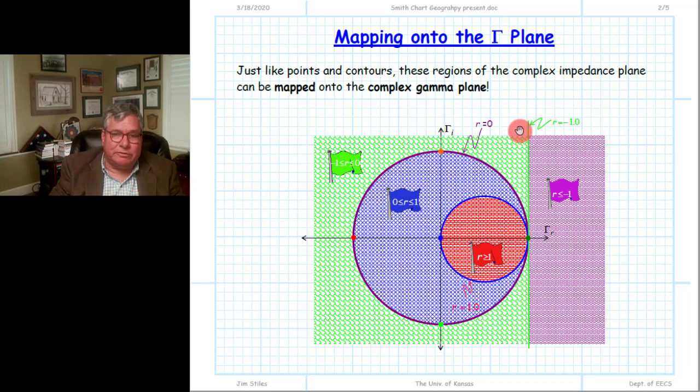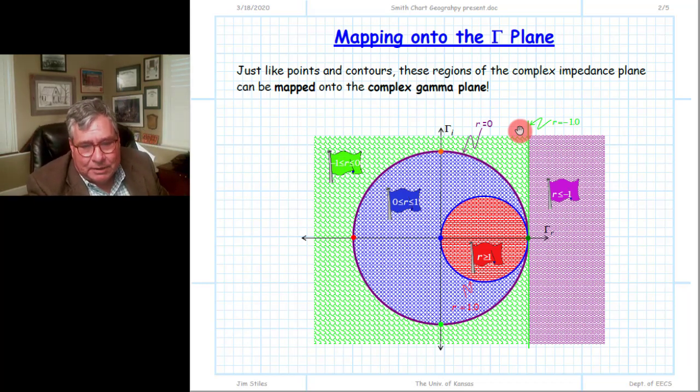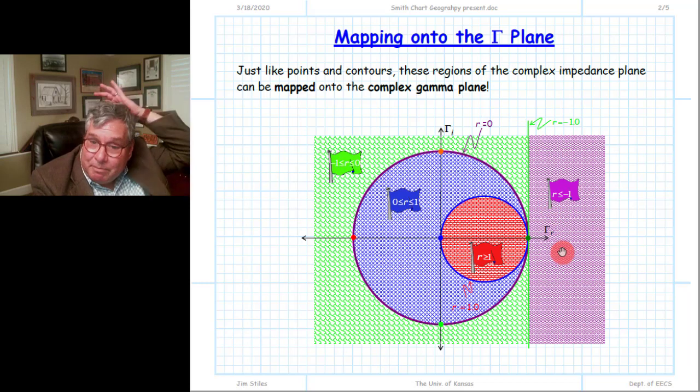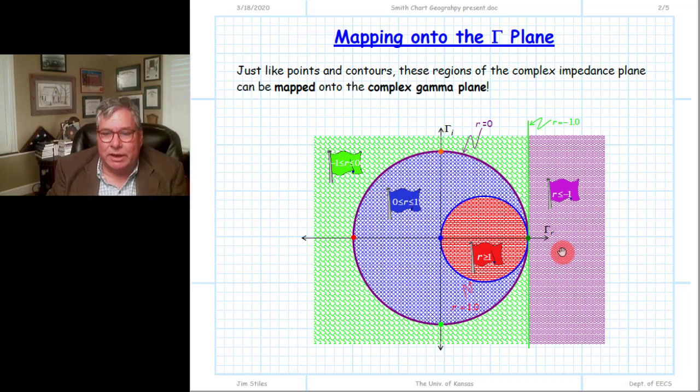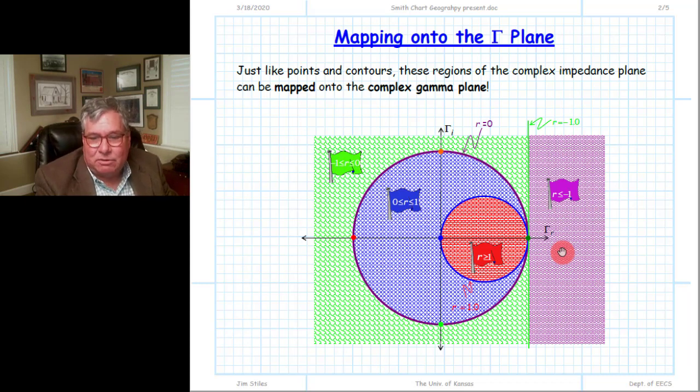And the 4 regions, then, we can determine their mapping onto the complex gamma plane by simply looking at the region between the 2 boundaries that define them. And so we have a situation now where the purple region, r is less than -1, is over here on the right side.